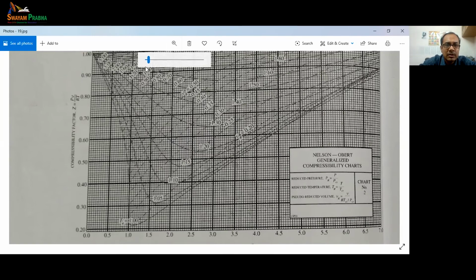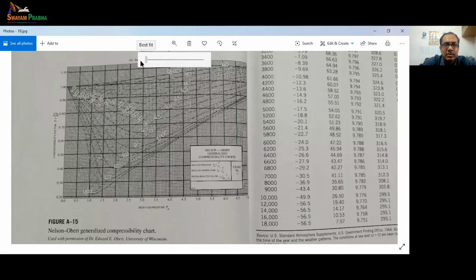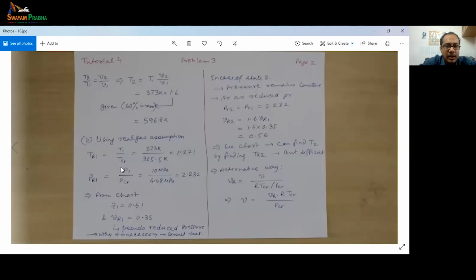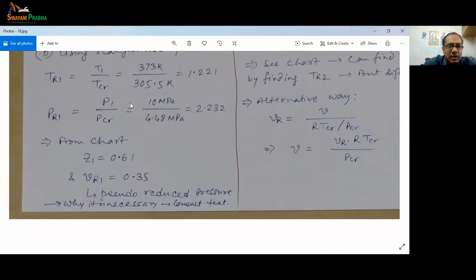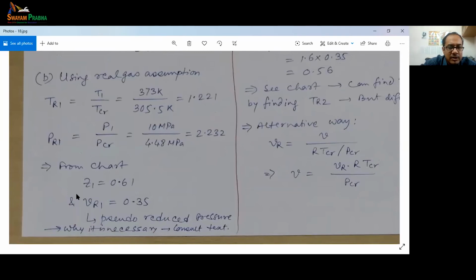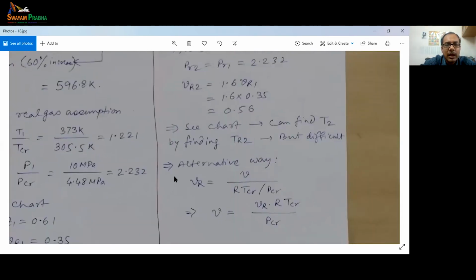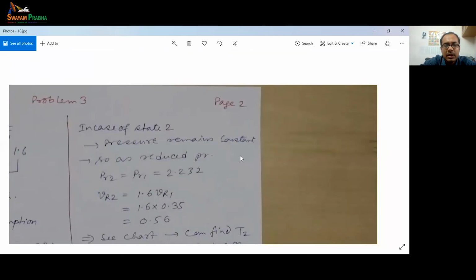If you actually read those numbers, the numbers we are getting are ZR, Z1, to be 0.61, that's the compressibility factor at state 1, and this pseudo reduced volume VR1 is 0.35. So these two values we read from the chart.